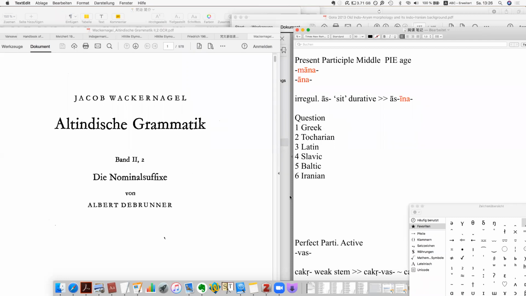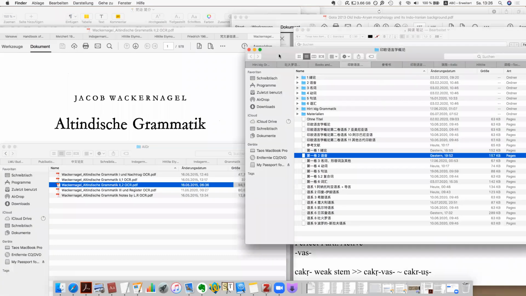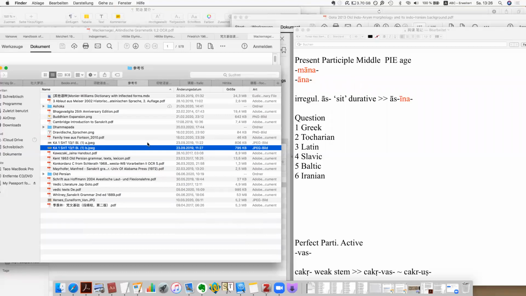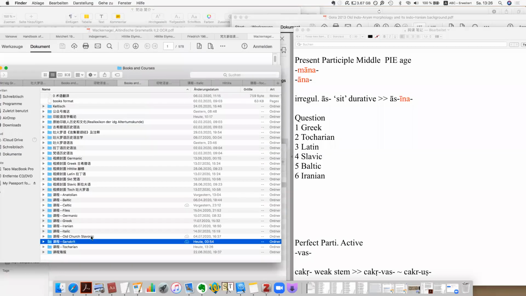So in Greek, what about the middle participle? Oh, sorry. So what about Greek? Let's check probably the Greek grammar. It's not complicated, right?